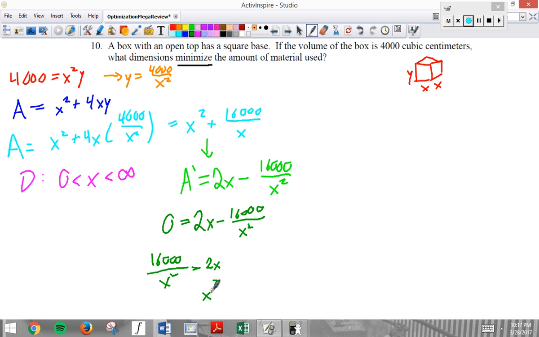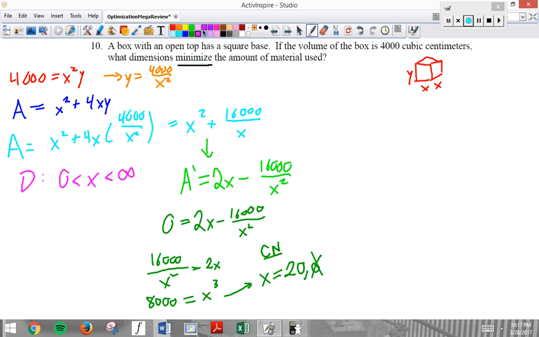X cubed would equal 8,000. X equals 20. Those are my critical numbers. 0 is another critical number, but 0 is not in the domain I'm interested in. Why is 0 a critical number? Because it would make a prime undefined.